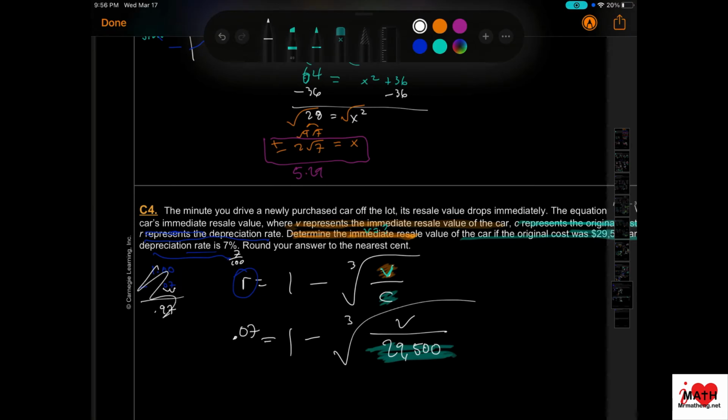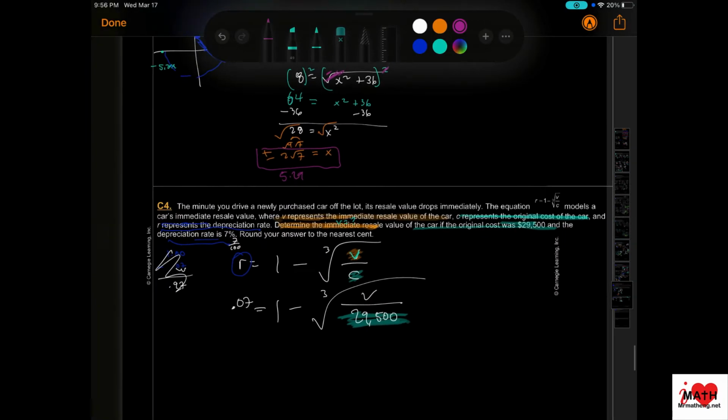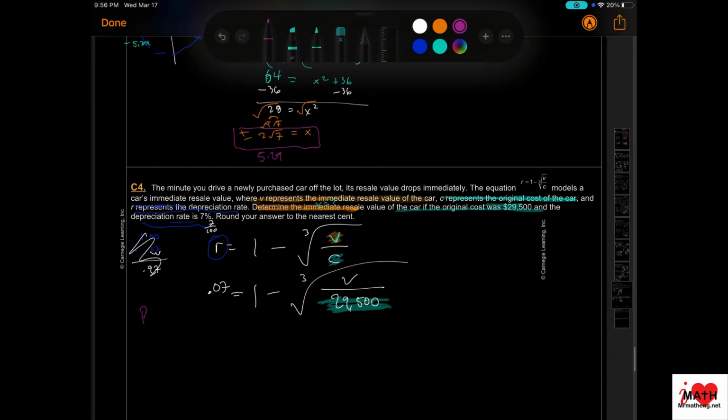Yeah, it does make sense. Watch. If I want to solve for V, I want to get rid of all that stuff, and in order to do that, I'm going to use PEMDAS. You are solving, so you're going this direction, and I need to do the addition and subtraction. If I subtract 1 from this, I'm going to get negative 0.93. That's how I knew that rate was good.